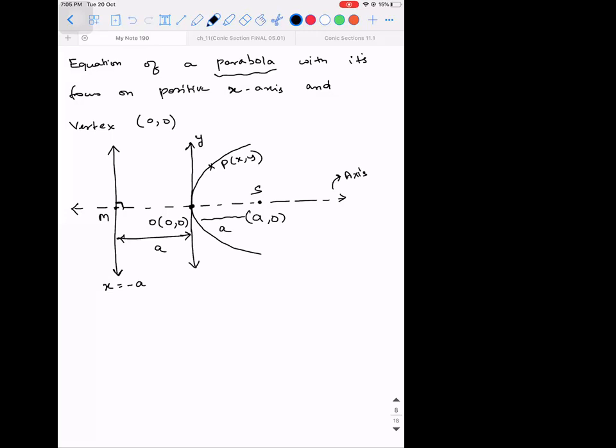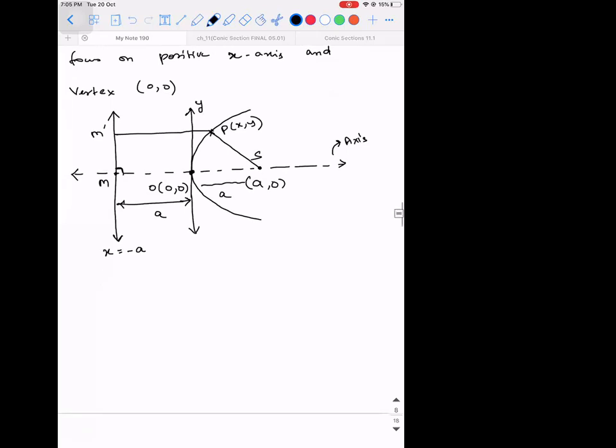Then if I take this P(x, y), from the definition, SP will be equal to PM dash. Can I say this?